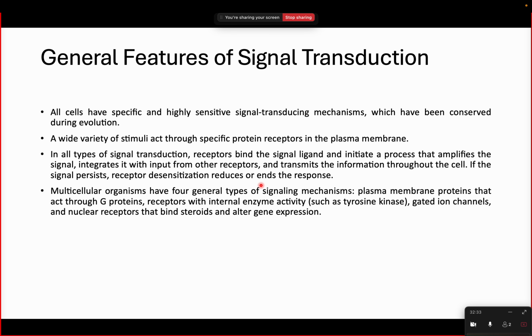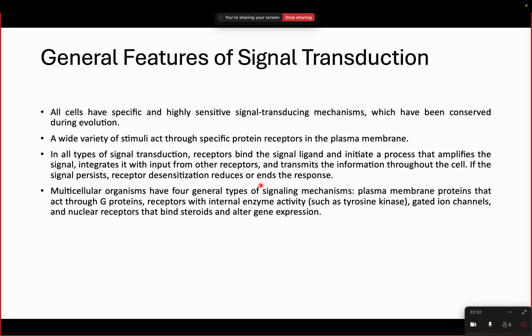Okay. So all cells have specific and highly sensitive signal transducing mechanisms which have been conserved during evolution. A wide variety of stimuli act through specific protein receptors in the plasma membrane.